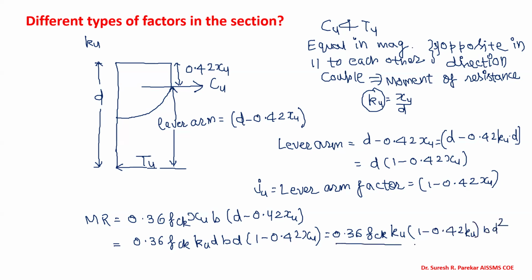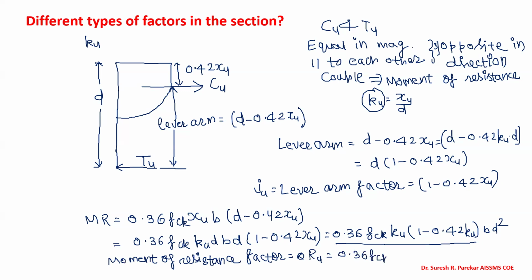This part is known as the moment of resistance factor, generally denoted by Ru, equal to 0.36 fck Ku into Ju, which is 1 minus 0.42 Ku.